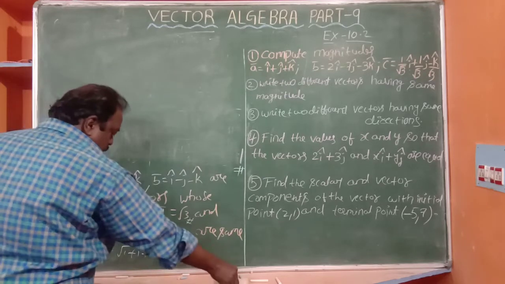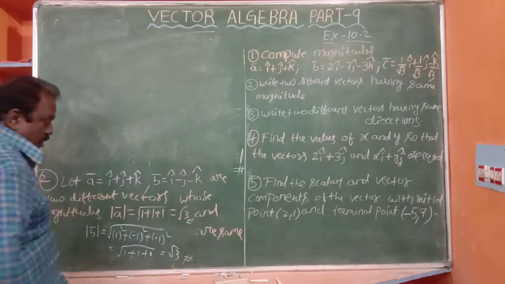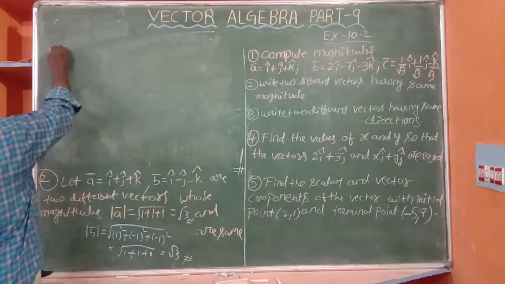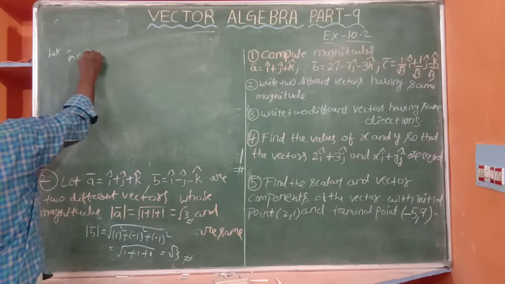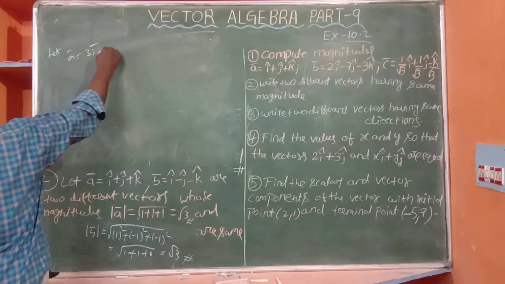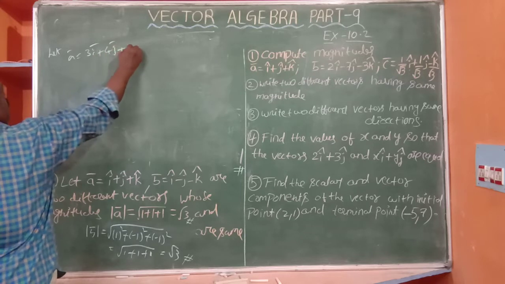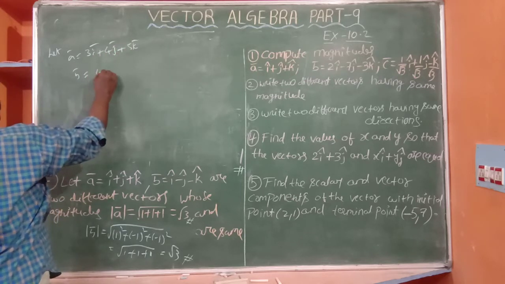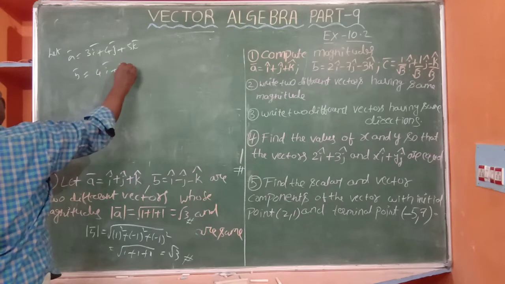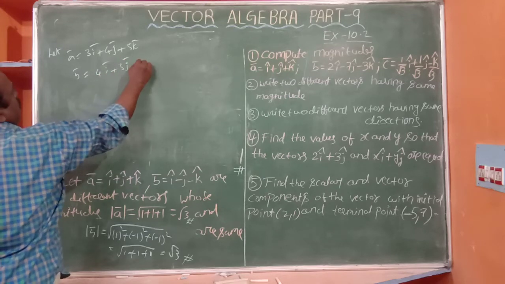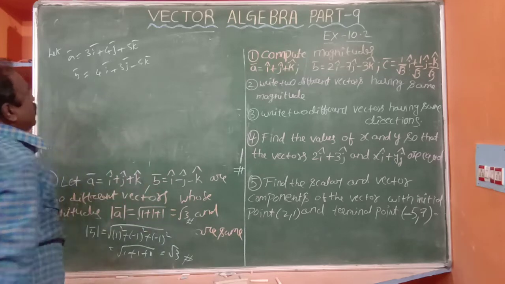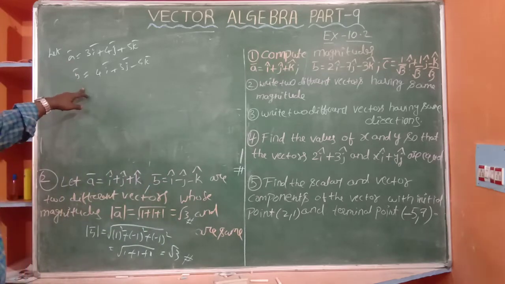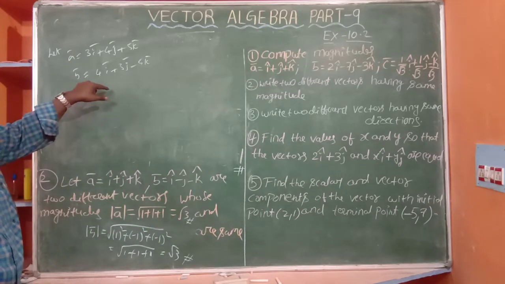I'll give one more example for this one also. You see that. Let a bar is equal to 3i plus 4j plus 5k. B bar is equal to 4i plus 3j minus 5k. These two vectors are different vectors. Why?